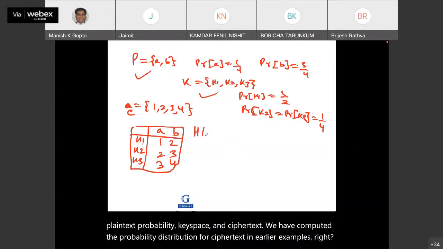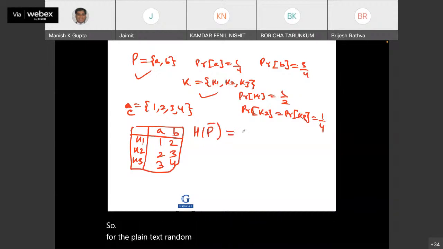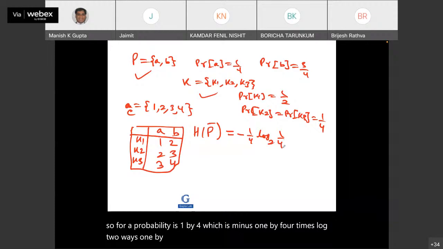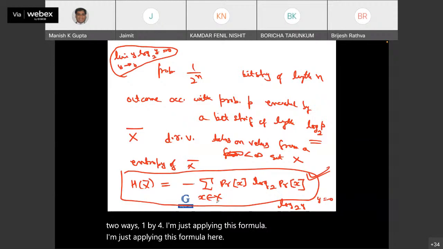So now, for the plain text random variable, the plain text is a and b. For a, the probability is 1/4. It is minus 1/4 times log base 2 of 1/4. I'm just applying this formula: minus summation over x belonging to X of probability of x times log base 2 of probability of x.